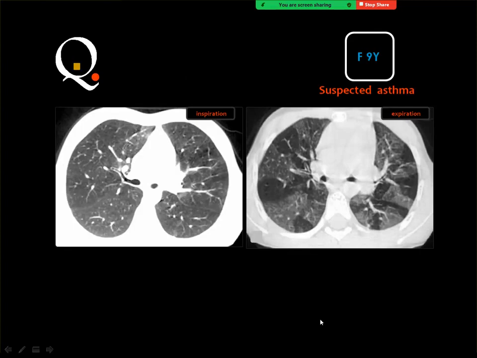empyema. Next is this child, 9 years old, obtaining the CT scan of the chest during inspiration and expiration and is clinically diagnosed query asthma, bronchial asthma.